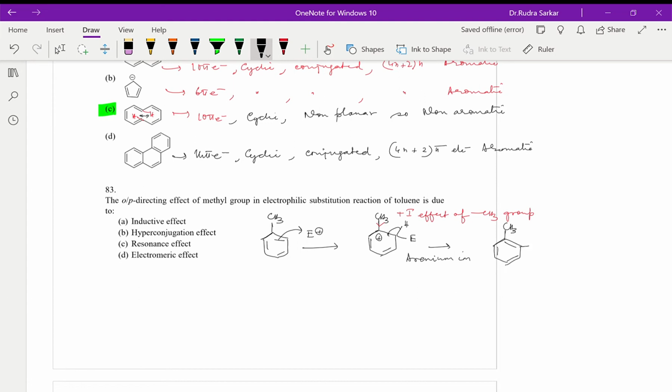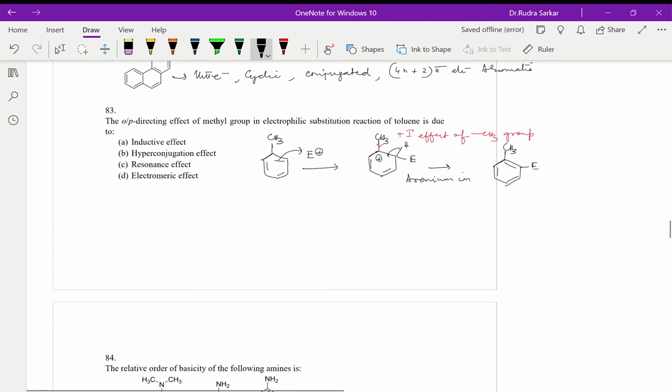So the product can enter the ortho position, or it can also come in the para position via this intermediate. If it is joined over here, then obviously this type of intermediate will be formed.